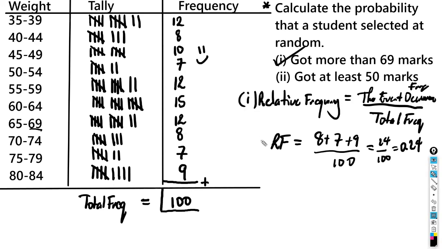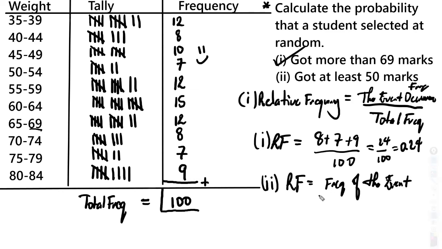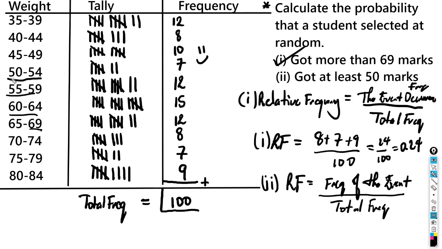All right, guys. So for the second one now, for the relative frequency for the second one, RF is equal to the frequency of the event over the total frequency, right? So in this case, it says got at least 50 marks. So this set got 50 marks, this set, all the way right down to 84, right?